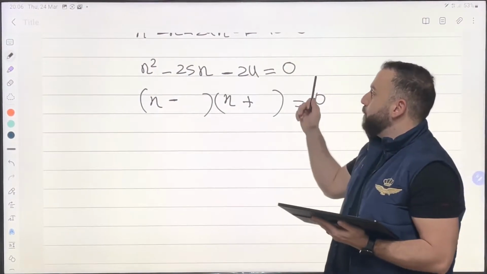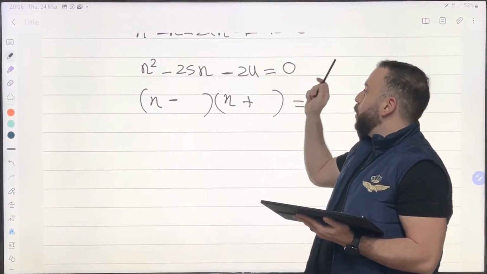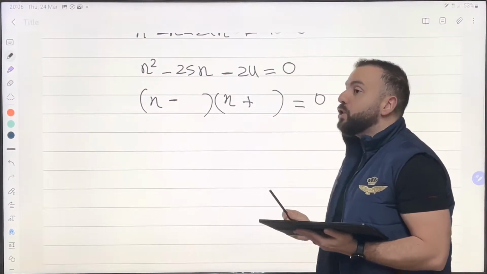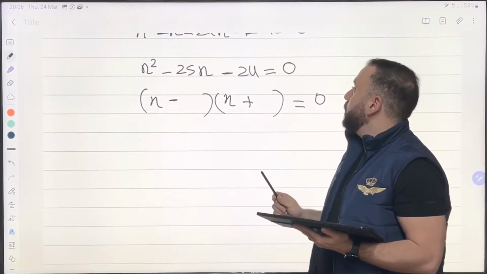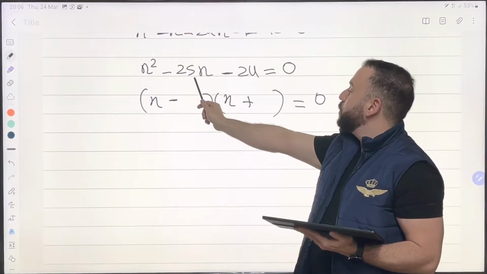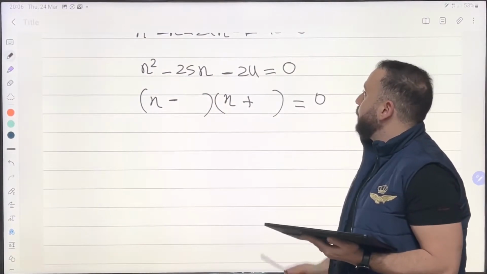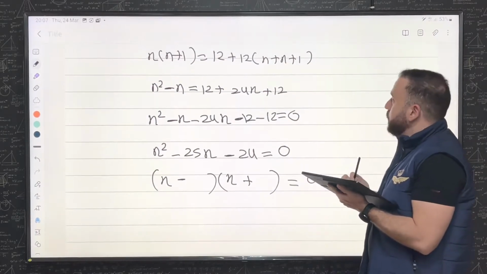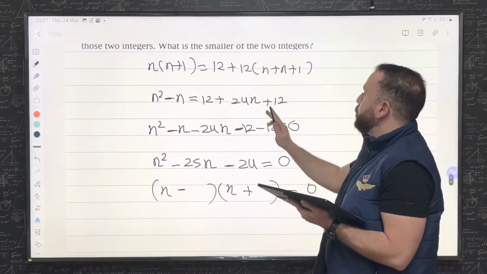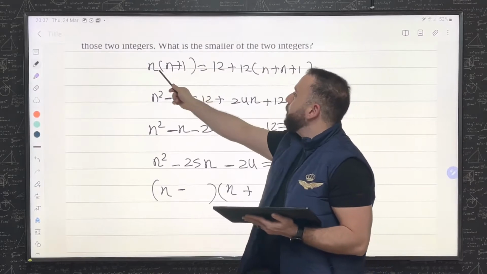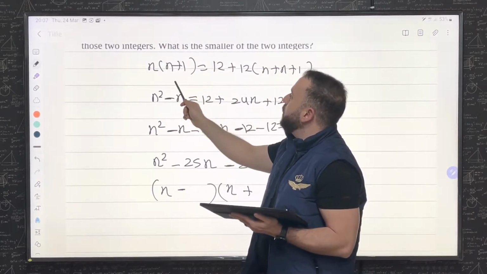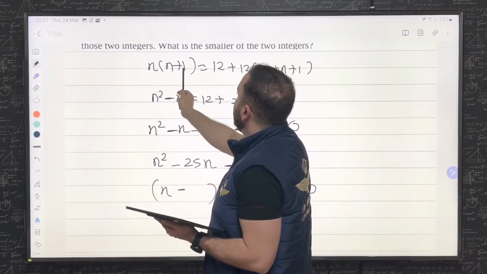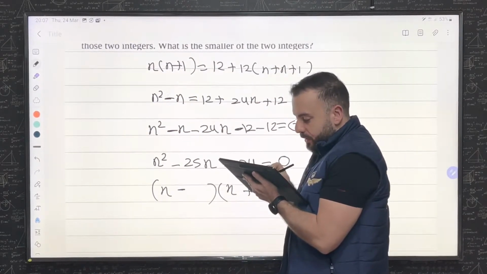Two numbers, I multiply them, which gives me 24, and their subtraction is equal to 25. Let me check the calculations again, guys. Okay, let me check everything is just settled as we checked here. That's n squared. This is my mistake. Check this guy. Okay, it's plus n.